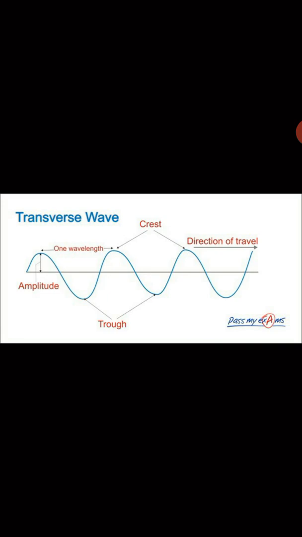That means the up and down direction is perpendicular, at right angle to the direction of the wave. So it's a transverse wave. Transverse waves can propagate, meaning they can travel through solids and liquids, but not through gases. A transverse wave consists of crest and trough.